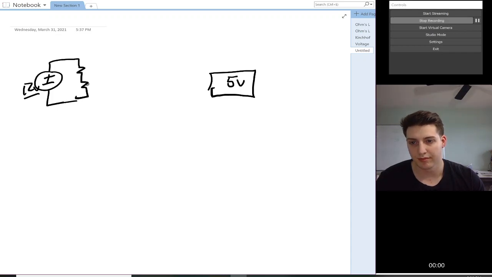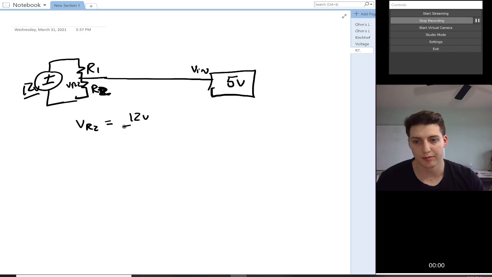Well, as we just saw, if we tie this node right to our input of our device, we call this R1, R2, well, we know that V_in would be V_R2, and we know that V_R2 is equal to 12 volts over R1 plus R2, times R2.